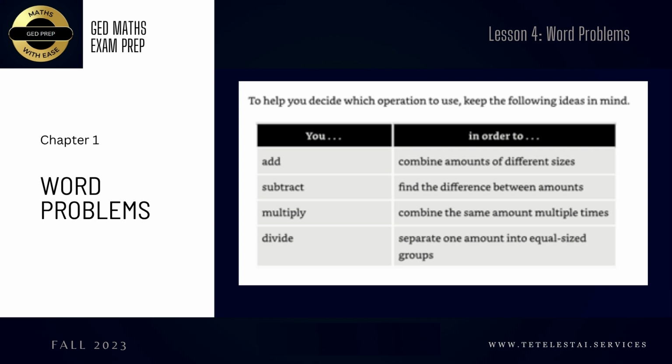If the question is asking you to find the difference between amounts, you know that you need to subtract. If you need to combine the same amount multiple times, multiplication. And if you need to separate one amount into equal sized groups, you know that you need to divide, okay?